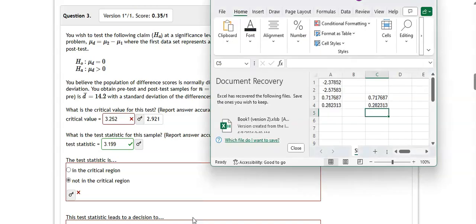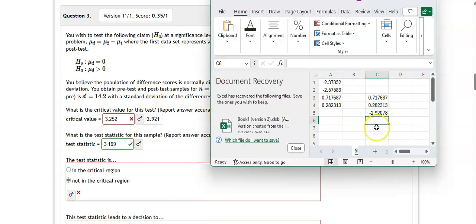So in Excel, equal, this time t inverse, since we're putting a probability in, 0.005 with degrees of freedom 16, and we get negative 2.9207. Oh, I'm sorry, I goofed.